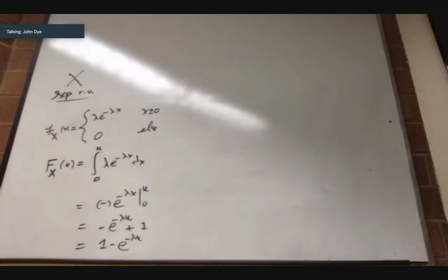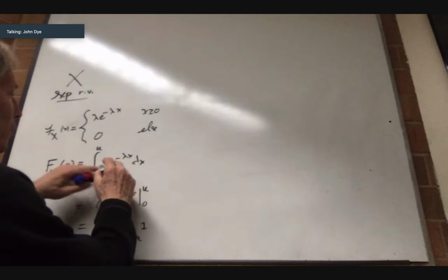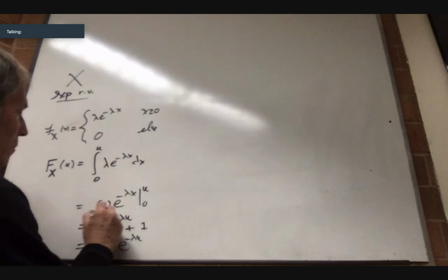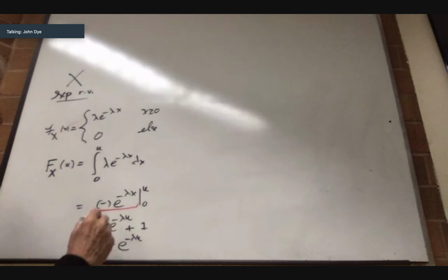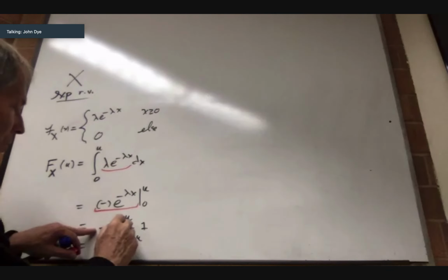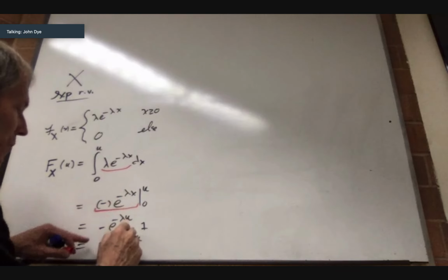But that's not negative 1? No. Why would you think it was negative 1? Okay, the antiderivative of this would be this, right? Because when I take the derivative of that, I get this. If I evaluate at u, I get minus e to the minus lambda u, and at 0 it's e to the 0, which is 1.